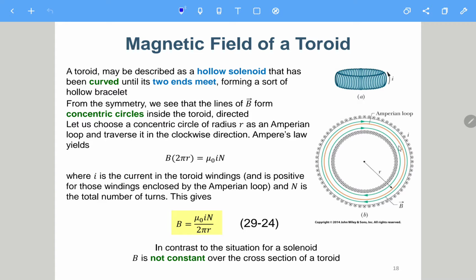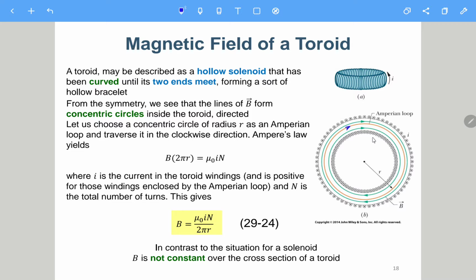Of course we still use the same approximation that the B field is 0 outside this toroid, but here we don't have uniform B field inside the toroid, and of course we can just define the Ampere's loop with the orange Ampere's loop, and I think the Ampere's loop is clockwise.